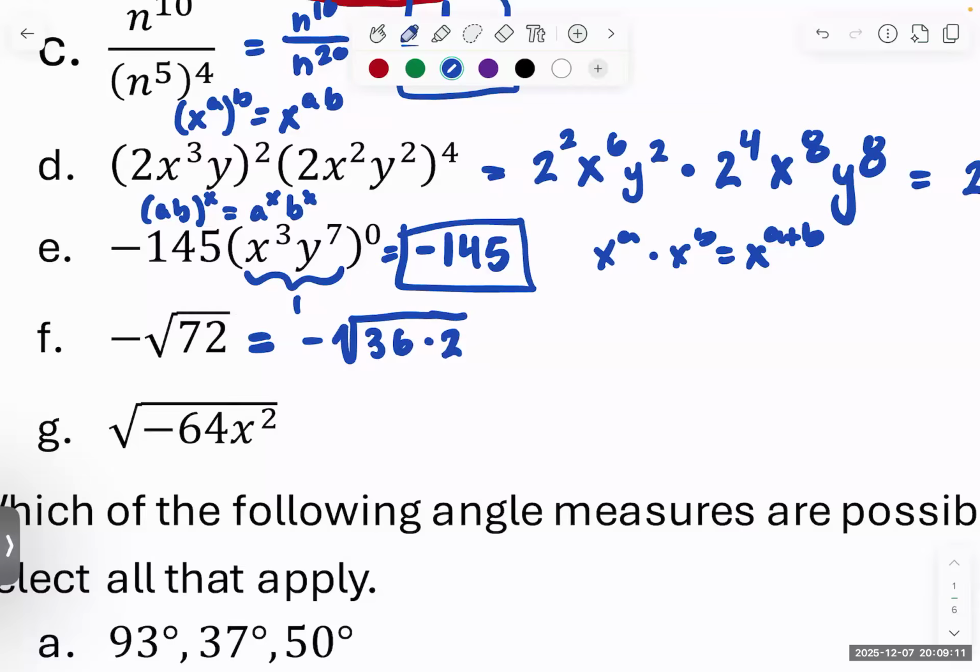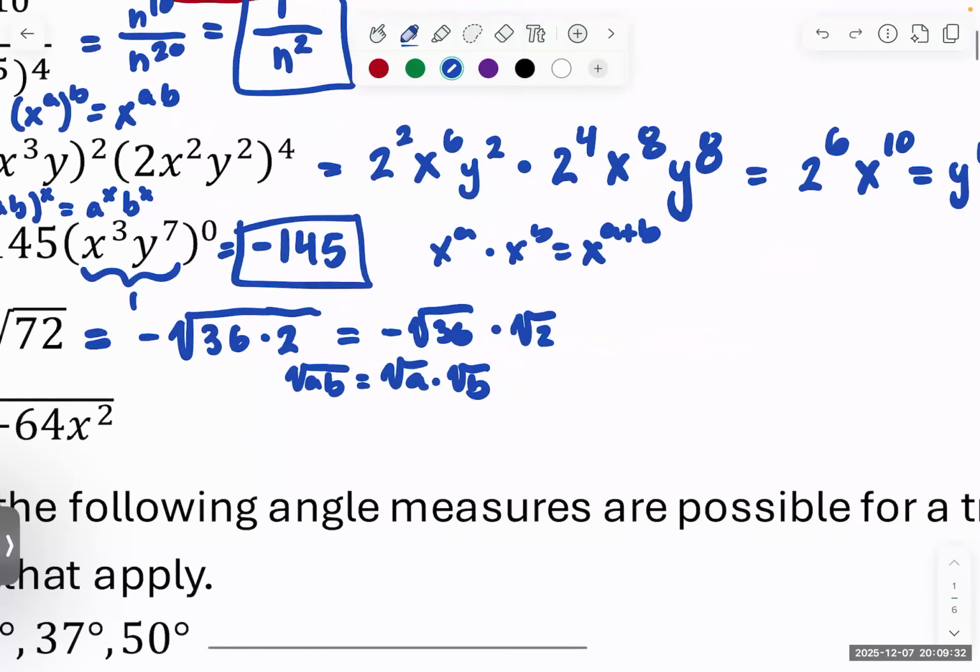So I'm going to rewrite 72 as the product of 36 and 2. And you can split this up by this rule: square root of AB equals square root A times square root B. Square root 36 times square root 2. Square root of 36 is 6. So this becomes negative 6 times root 2, and that is your final answer.